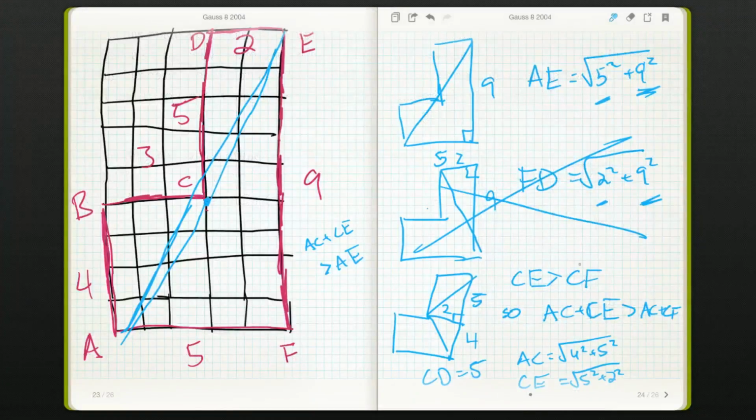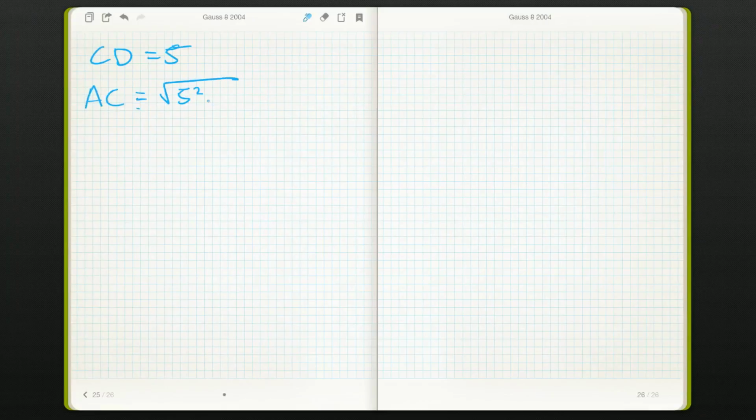CF is going to be 2 by 4. So let's put this together. CD is 5. AC is the square root of, no, not 5, 4 squared plus 3 squared.